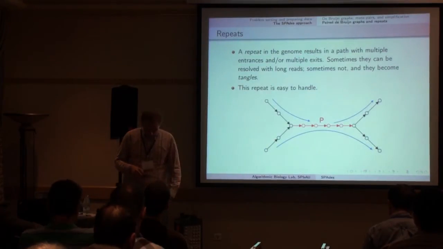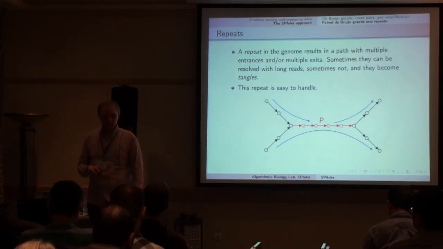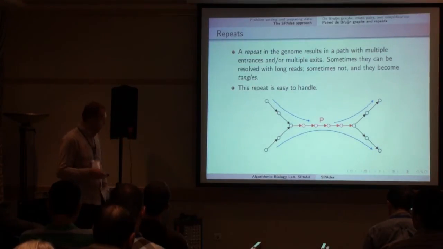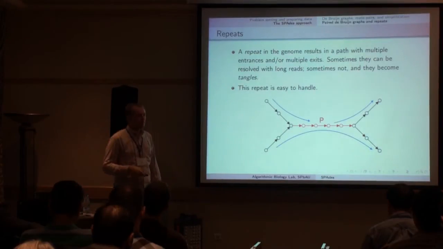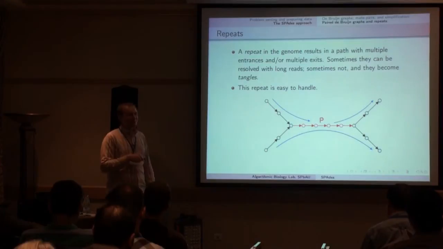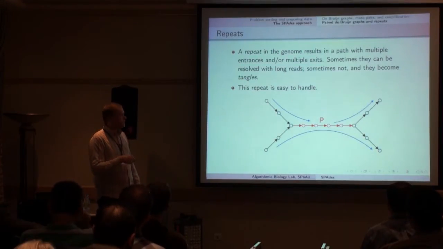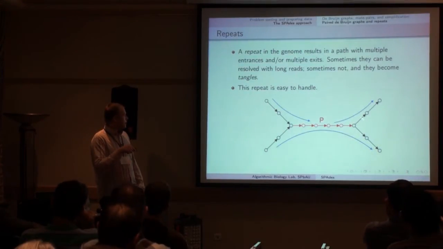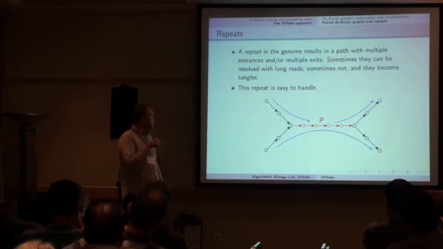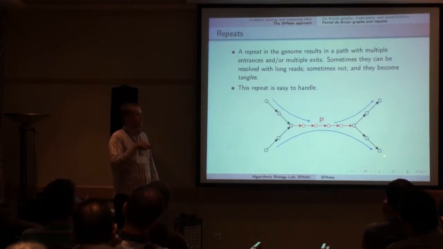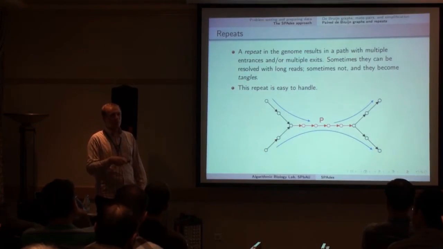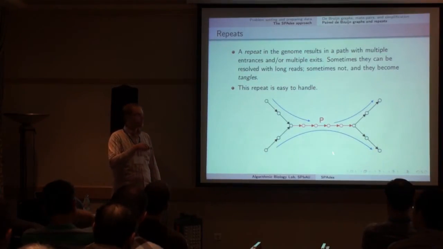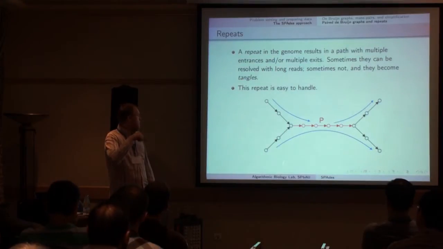Right. Let us move on to repeat resolution. And for repeat resolution, I first need to introduce to you what a repeat is. Well, a repeat is a repeated sequence in the genome. But in the de Bruijn graph, it results in an edge that should be somehow traversed several times. So the correct path is not Eulerian anymore; the correct path should go through this edge several times.